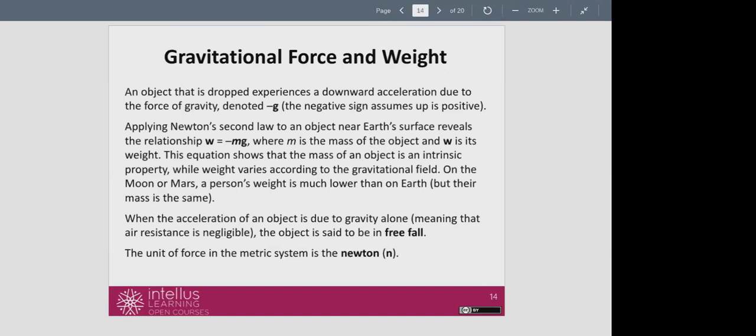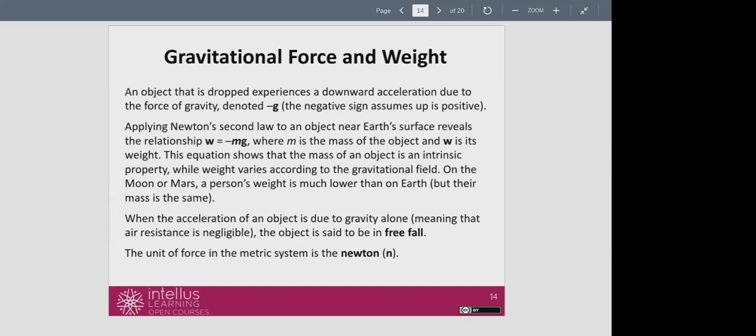Free fall. But if we take that same acceleration minus g and use it with the object's mass, its inertia, we can calculate the object's weight.